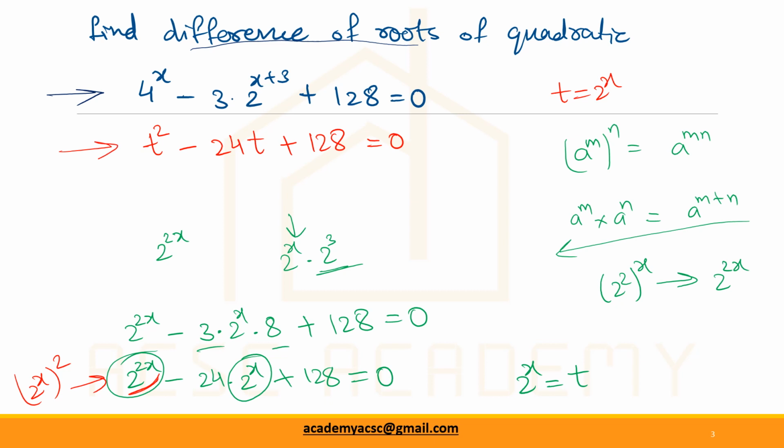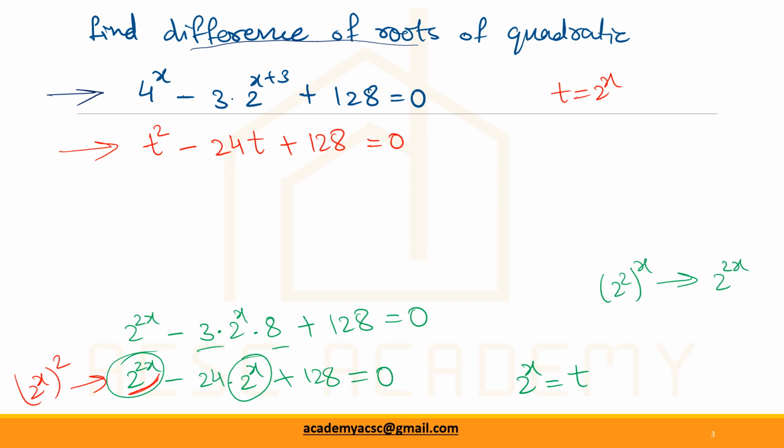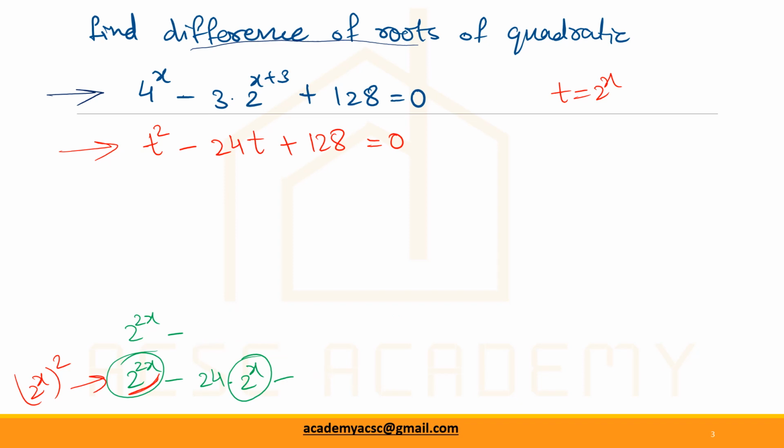So now we have got an actual quadratic equation in the form that we already know. So now can we solve it? Let us see if we can do it by factorization method or if we need to apply completing the square. The product which we have been given is 128. So are there any factors possible?